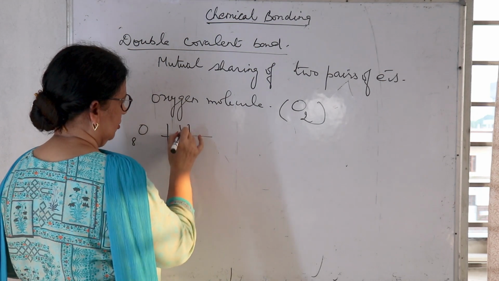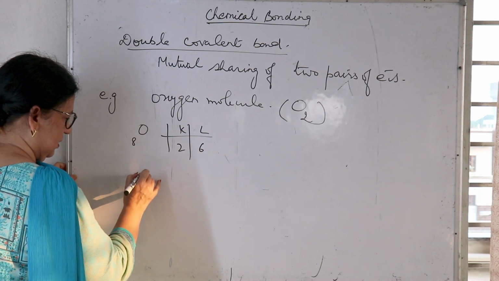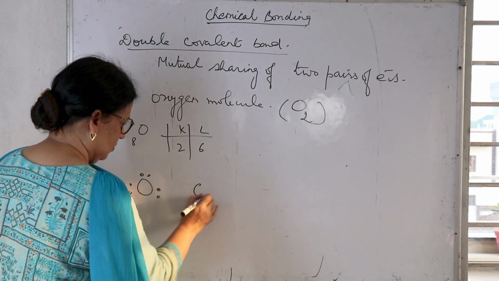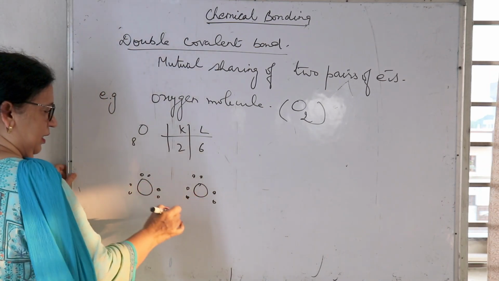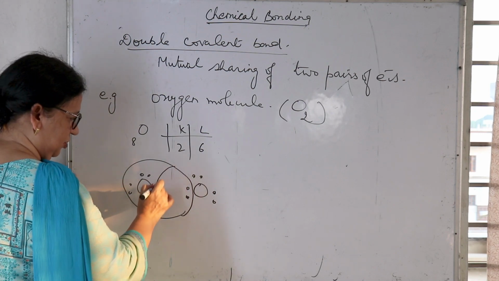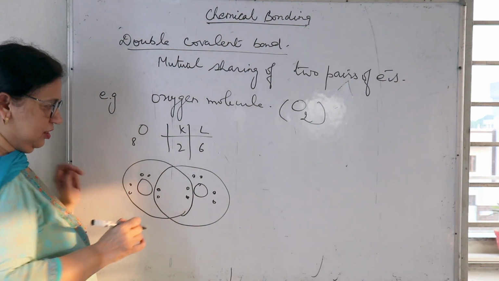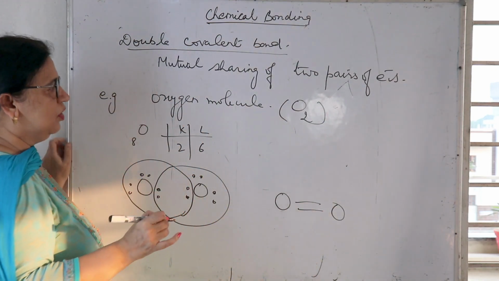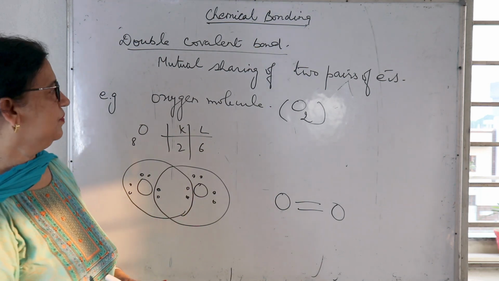If we write the configuration, then it is having 2 and 6. 6 electrons, 2, 2 and 2. Another oxygen that is also having 6 electrons, sharing of 2 pairs of electrons with each other. As 2 pairs of electrons they are sharing with each other, so oxygen double bond is there, as they are sharing 2 pairs of electrons with each other.